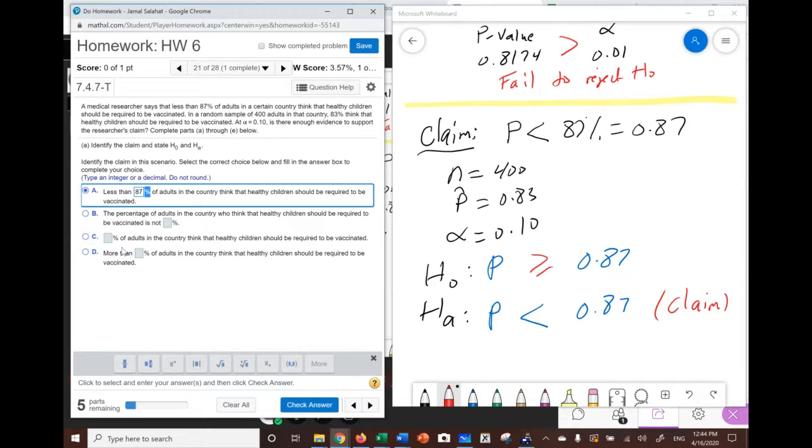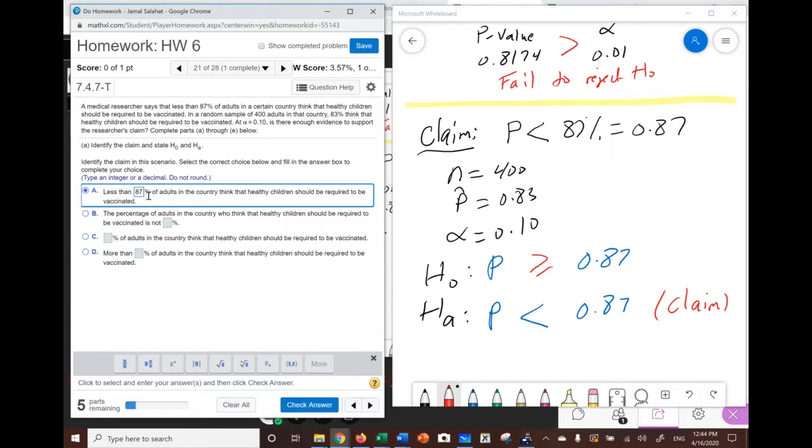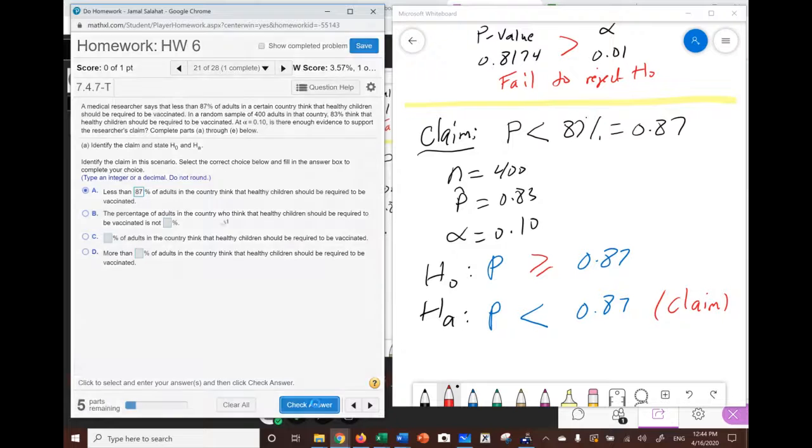The second one doesn't say that. The third one says 87% of adults in the country, which means equal to 87%, which is not true for part C. And part D is also not true, because it says more than. So the correct answer is A, because it says less than.